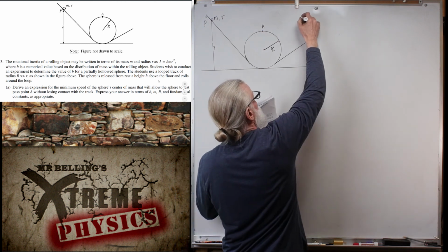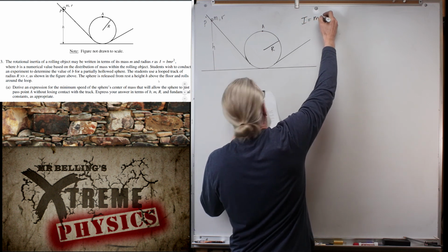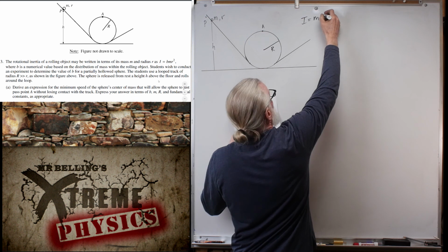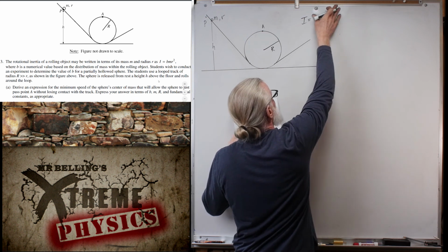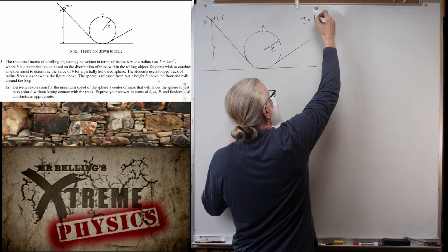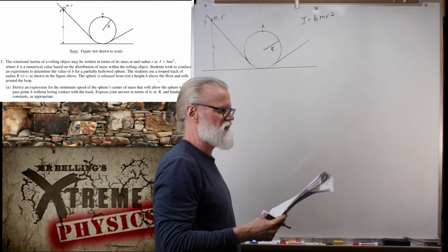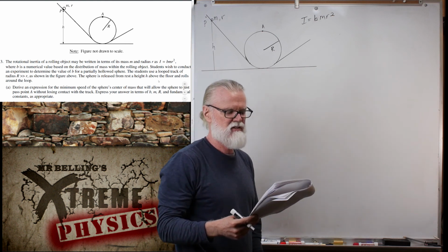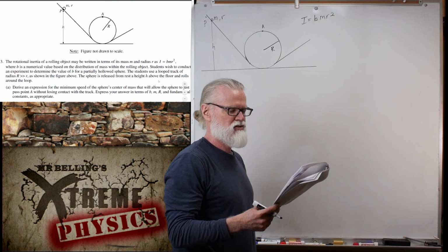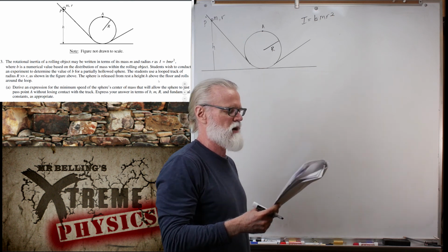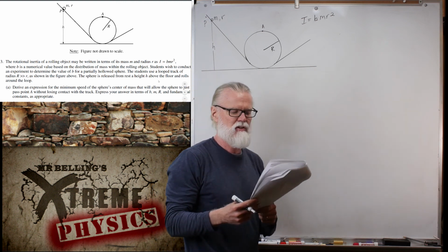So they're coming up with this general relationship that if you've got a sphere, the moment of inertia is going to be some variable b times m r squared, where b is a numerical value that depends on the distribution of mass within the rolling object. Students wish to conduct an experiment to determine the value of b for a partially hollowed sphere.